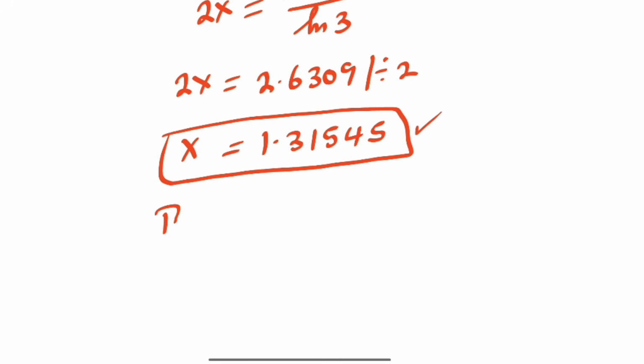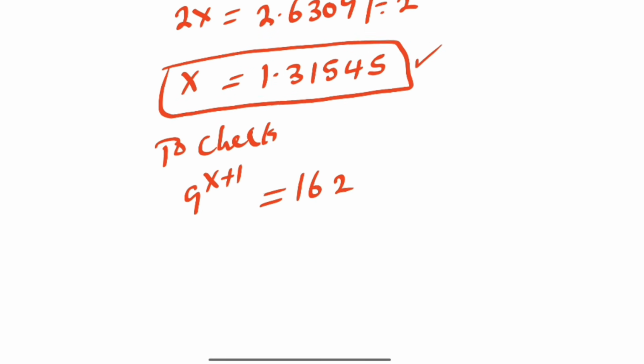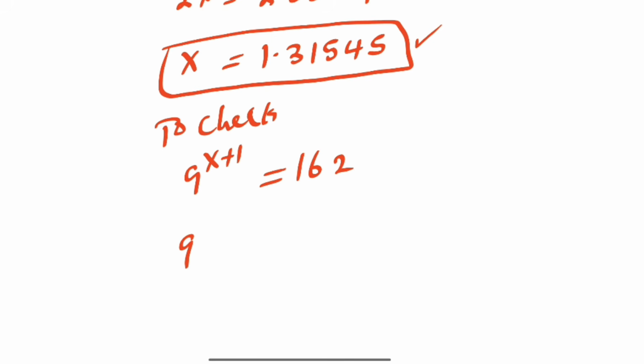To check, we have the given equation 9 raised to power x plus 1 is equal to 162. Then 9 raised to power 1.31545 plus 1 must be equal to 162.